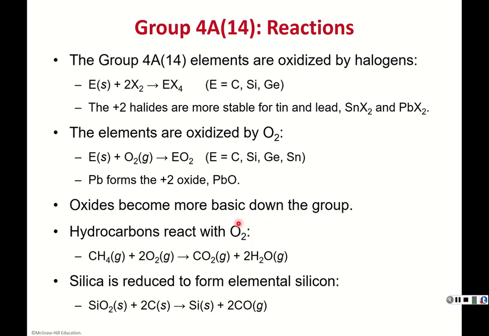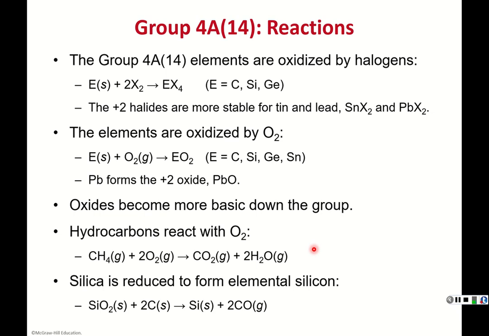Hydrocarbons react with O2. So an example of that, methane CH4 reacts with O2 gas to form CO2 and water. This, if you remember, is a combustion reaction. So hydrocarbons, that's a very important reaction for hydrocarbons, is combustion. And actually, that's a reaction that we use inside of our cells when we're breaking down carbohydrates such as glucose.